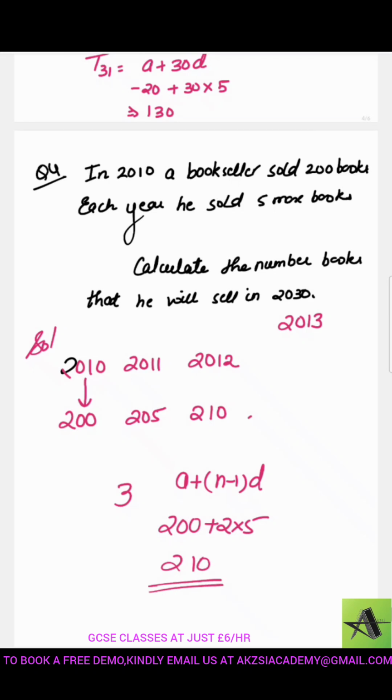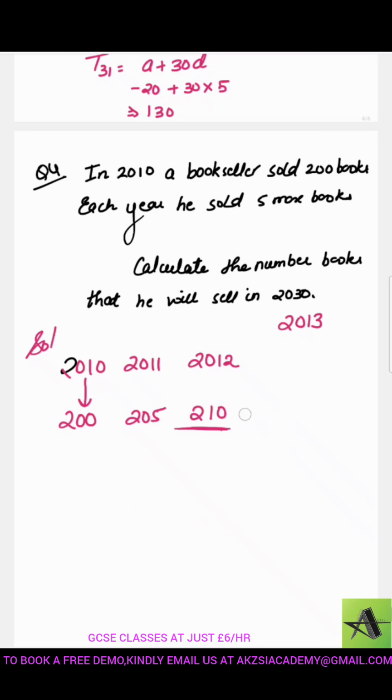But he's selling that in 2012. So you are counting 2010 as well, the first year also. So the total is not 30, it will be 31, as 1 will be added to it. So in 2030, the n value will be 31. So for 2030, it will be a plus n minus 1 times d.